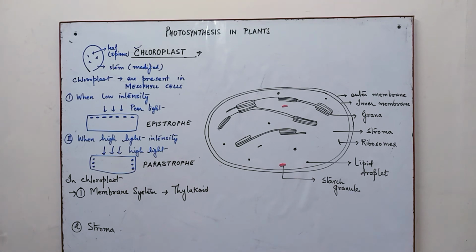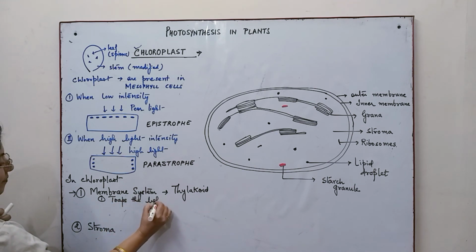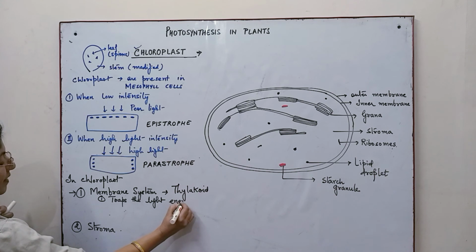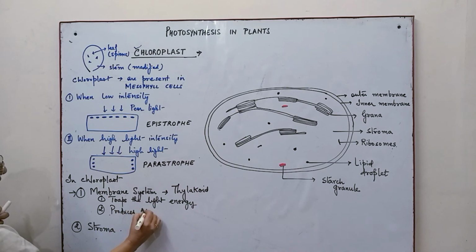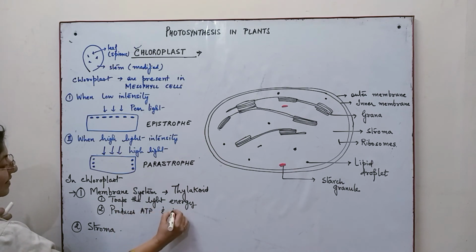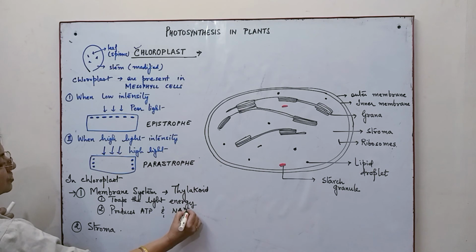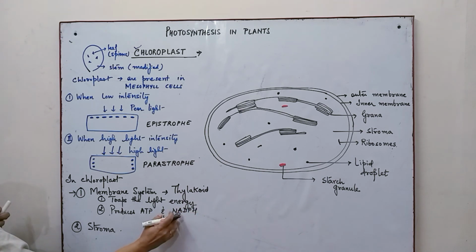It traps the light energy, and it also produces ATP, adenosine triphosphate, and NADPH, that is nicotinamide adenine dinucleotide phosphate.